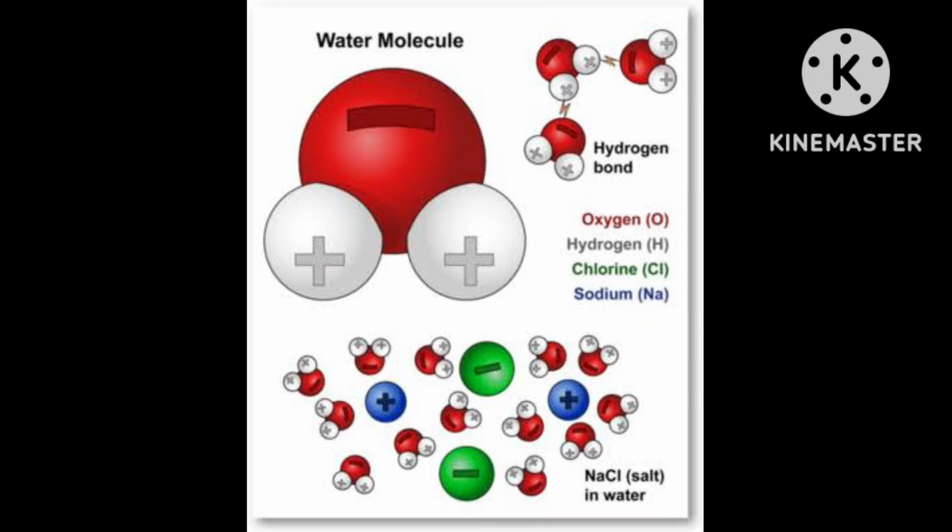If you introduce a cathode and anode in the solution and pass the current, then they will move in opposite directions.